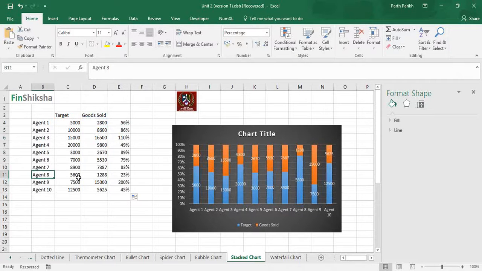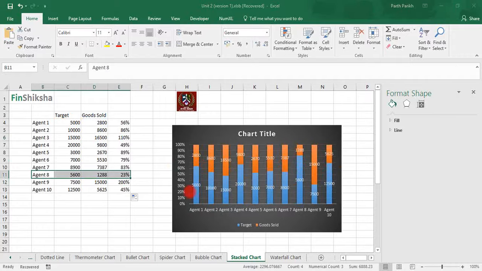It shows me that agent 8 had the lowest amount of target achieved. It is easily understandable, because my blue bar is the highest when I compare it with the other agents.